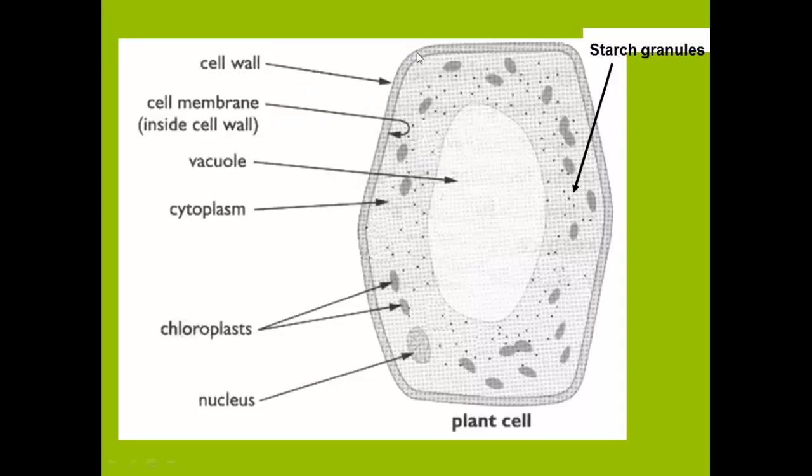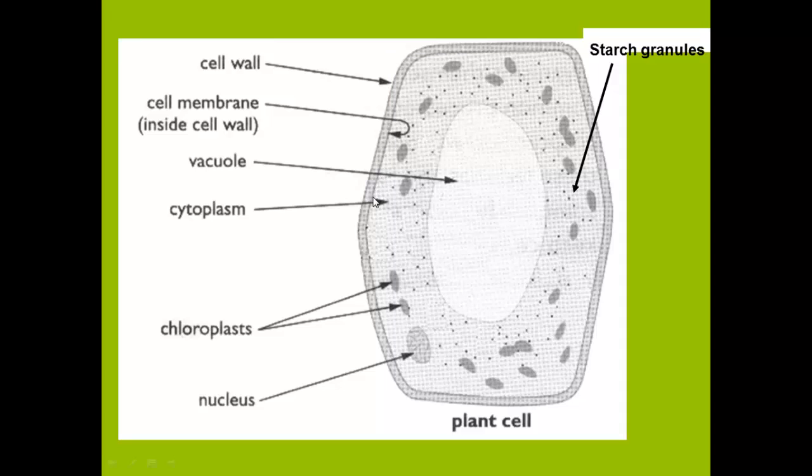It makes the cell rigid because around the outside of the cell there is this cellulose cell wall, and this cellulose cell wall resists the expansion of a really large full vacuole, and that is what gives us what's called turgor pressure. Just located inside the cell wall is the cell membrane.